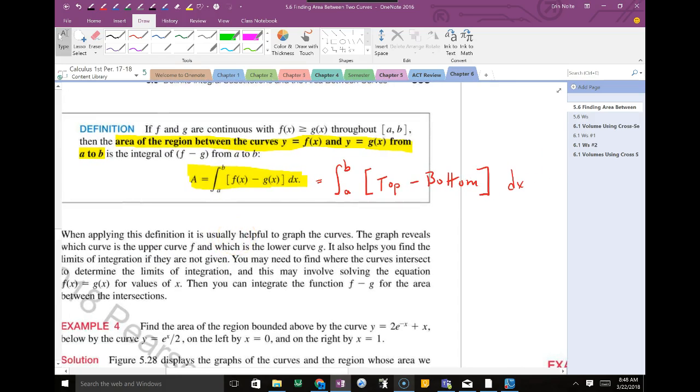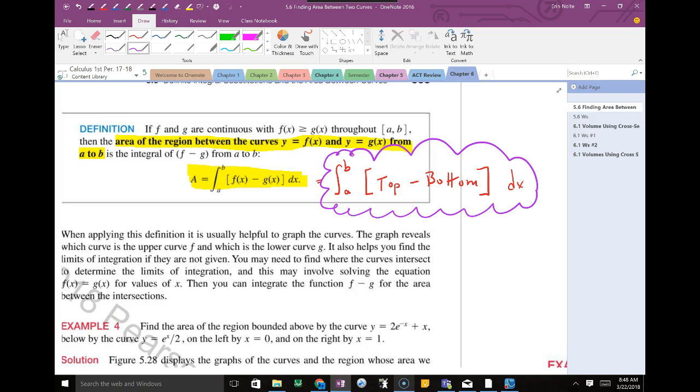If you have two functions, one being f of x and one being g of x, the easiest way to think of that is to always do the top function minus the bottom function. So the piece that I would recommend you writing in your notes is this piece right here. That one should make sense to your brain. You take the one that's on the top and subtract the one that's on the bottom.